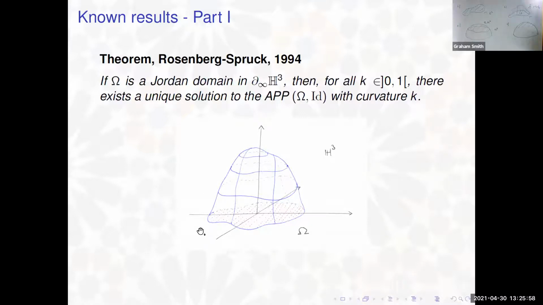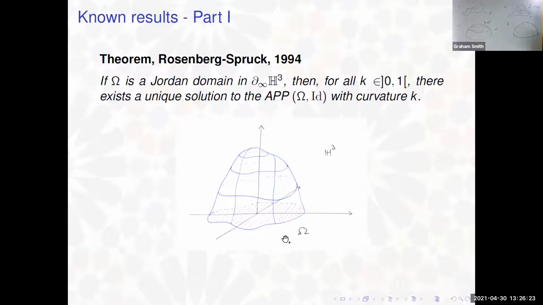Because Harold and Joel define their problem in terms of the boundary. They say for any Jordan curve in the boundary of hyperbolic space, there exist two solutions to the asymptotic Plateau problem of that boundary curve. And why are there two solutions? Well, because the complement of a Jordan curve consists of two connected components. There are two Jordan domains.